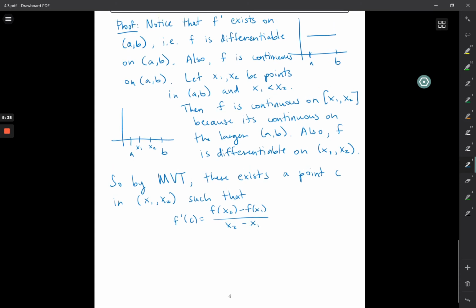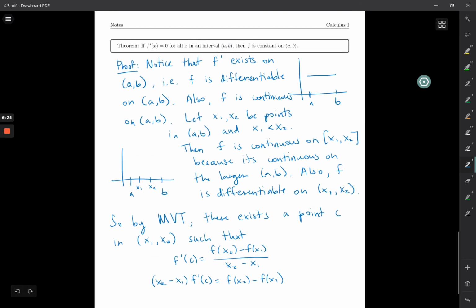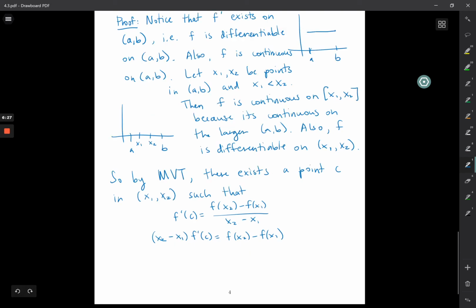Now I can multiply both sides by this denominator, and I get x2 minus x1 times f prime of c equals this other stuff. Then I use the fact that f prime of c, since it lies in the interval, is equal to 0.